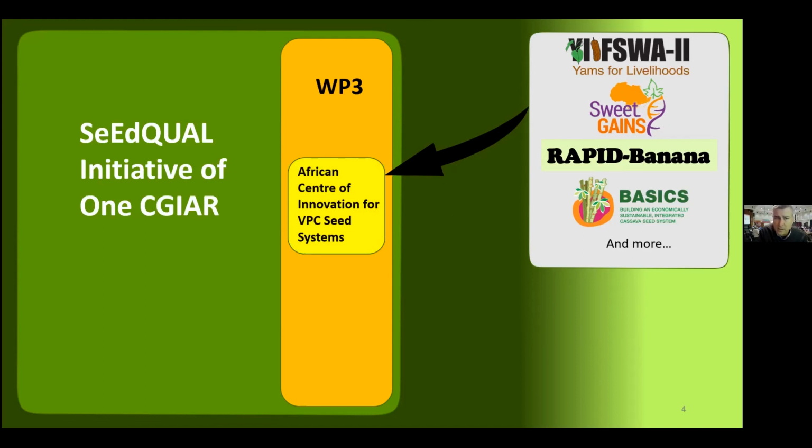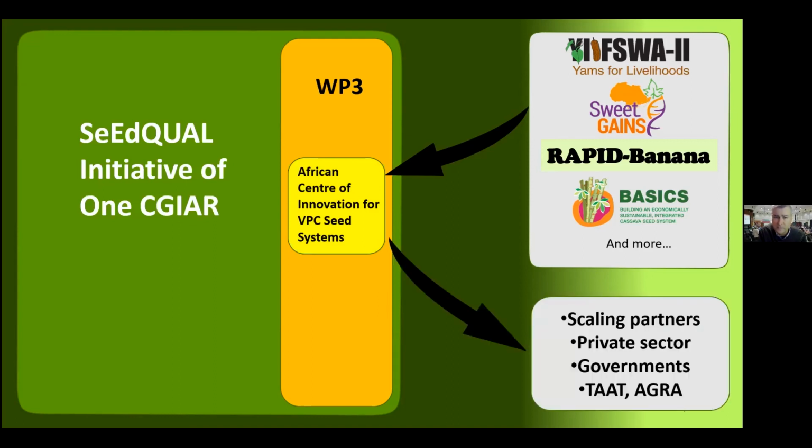And we see this Center of Innovation really integrating a lot of the tools that are in the toolbox, but perhaps broadening the toolbox to include tools that not just analyze seed systems, but actually contribute to building economically sustainable seed systems. And we see that being nested within this work package number 3 within the SeedEqual initiative of the One CGIAR. That will be the initiative that really focuses on building seed systems and generating innovations that can help make seed systems successful.